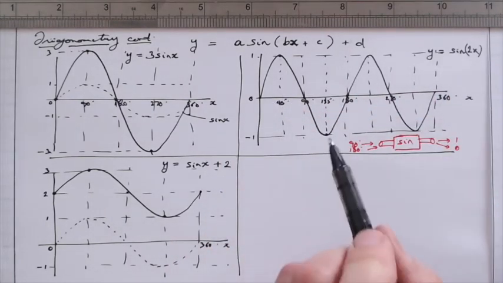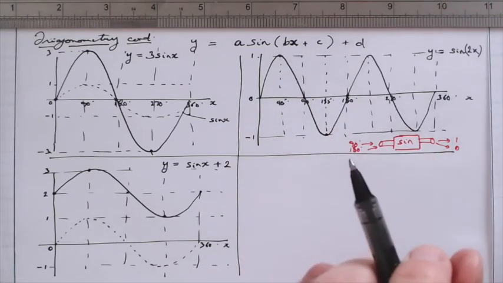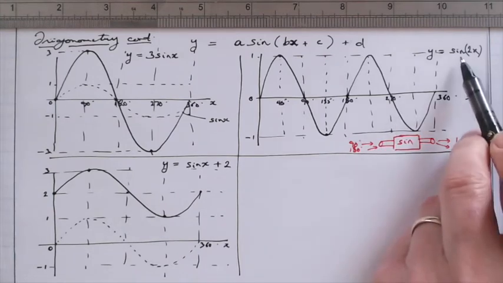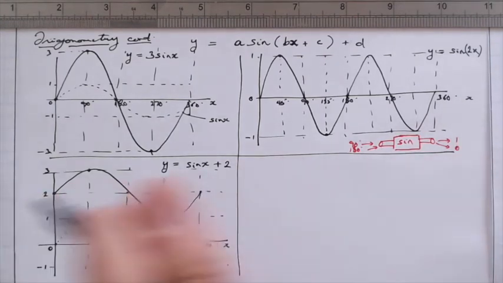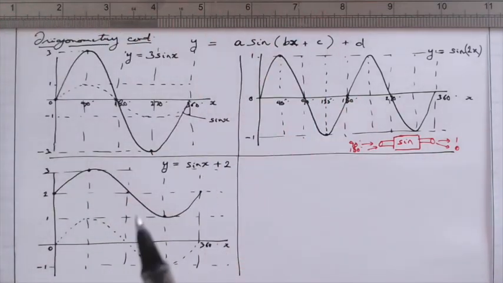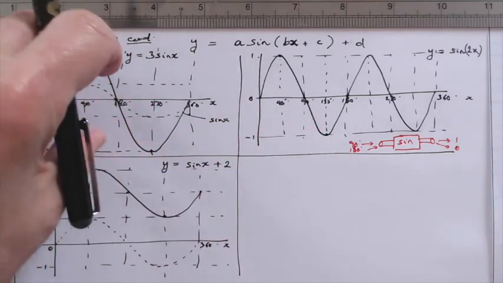And the key point is, the reason it's tricky when you deal with these parameters inside the function is they kind of do the opposite to what you might think. So you might think, oh, sine of 2x, it's just going to expand it in the x direction. No, it compresses it. So multiplying sine by a number, it really does expand it according to that number.